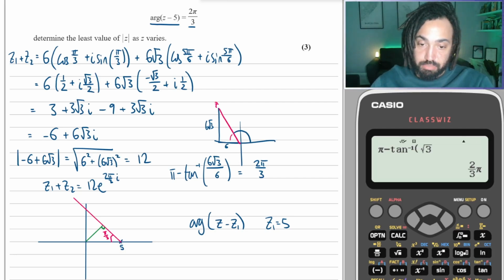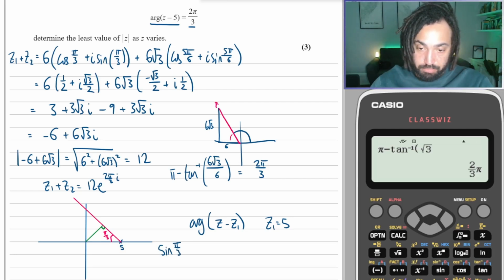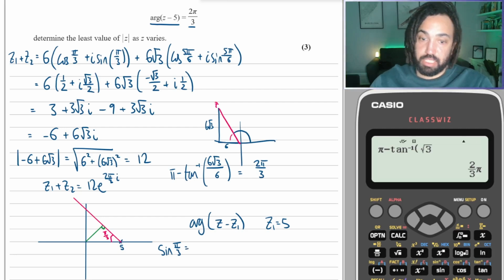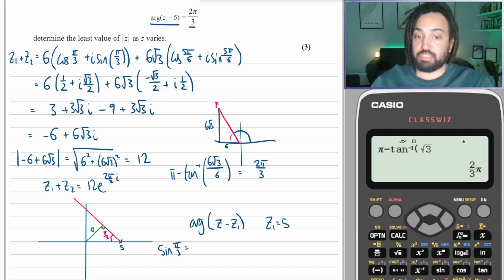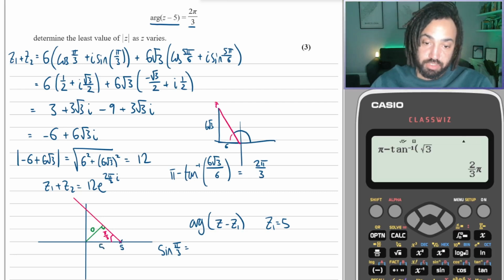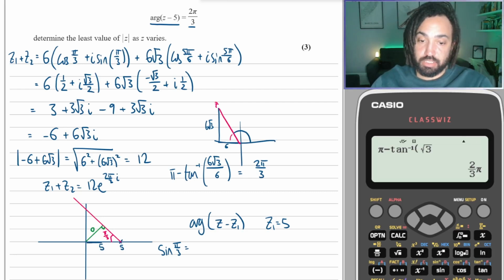So this is just simply a SOHCAHTOA question now. So sine of pi over 3 is equal to the opposite, which happens to be the one we're trying to find, over the hypotenuse, which is 5, this distance along here.